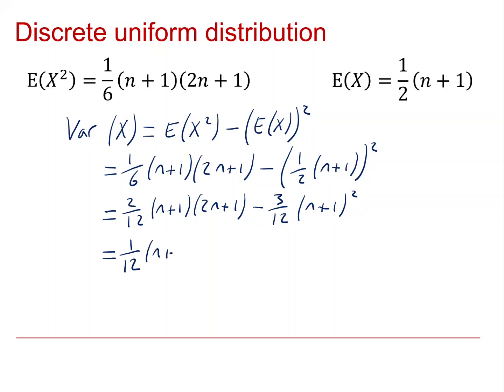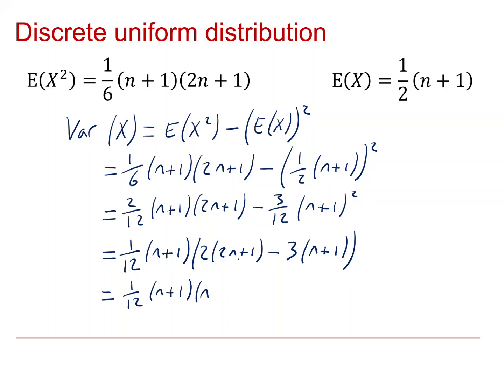So 1/12 n plus 1 times 2 lots of 2n plus 1 minus 3 lots of n plus 1. So that's 1/12 n plus 1 times 2 lots of 2n minus 3n, which is an n, and 2 lots of 1 minus 3 lots of 1 is a minus 1.